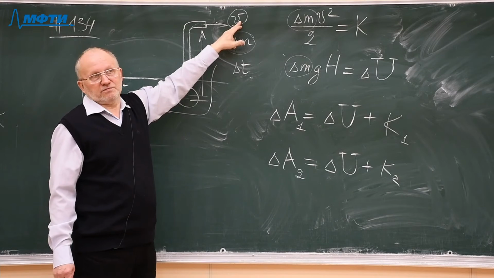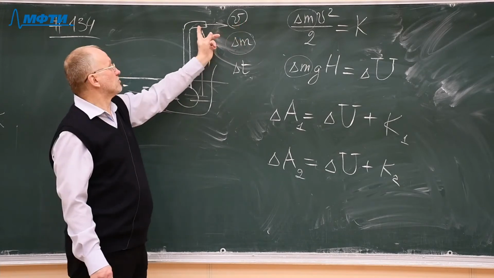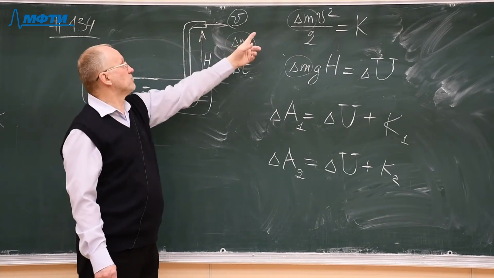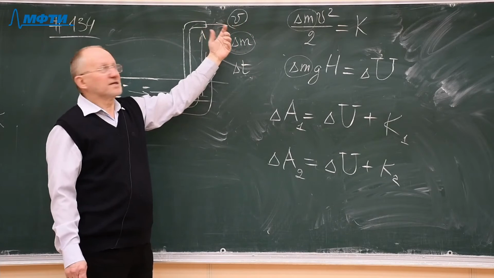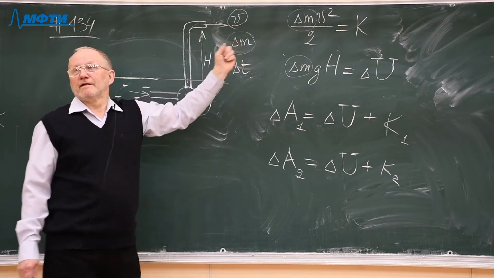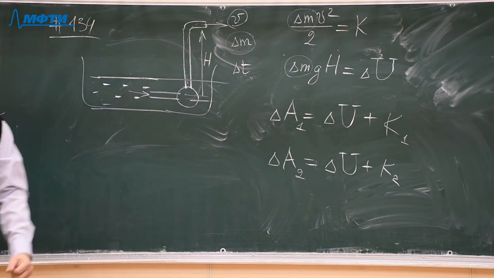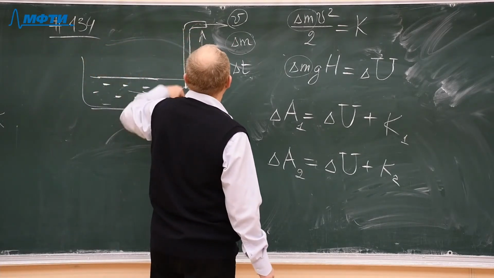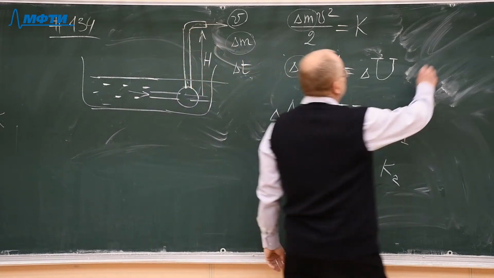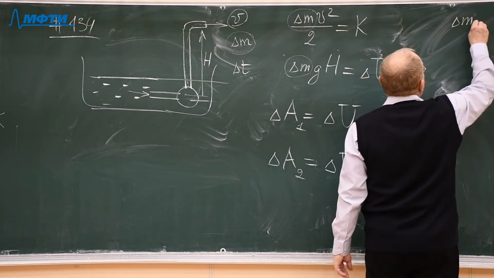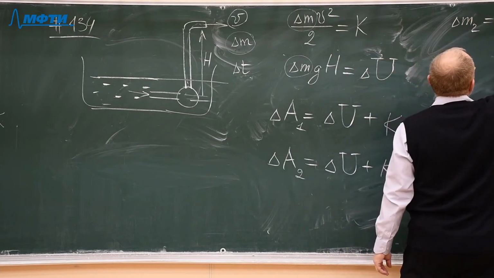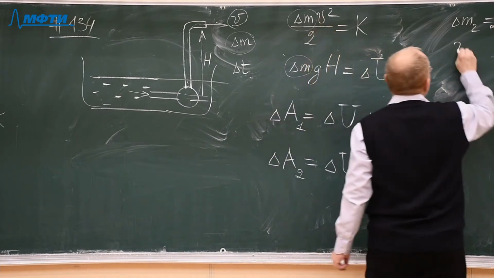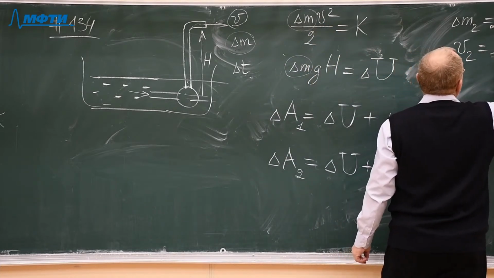So when 2 liters go from here, the velocity must be twice that for 1 liter. That's obvious. So if the pump starts pumping twice the amount of water, then the amount of water in liters increased 2 times, and the velocity also increased 2 times.